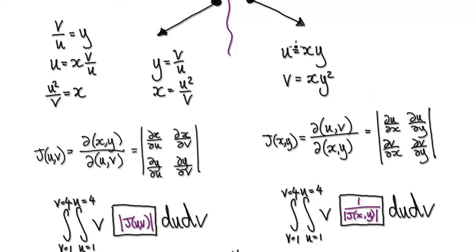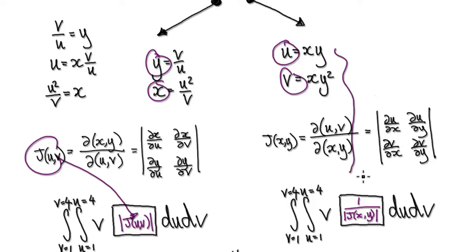But if you work all in terms of u and v, what you put into your adjustments here would be 1 over the Jacobian. So there's a difference. If you work in terms of x and y, simply put your Jacobian into here. If you work in terms of u and v, you've got to put 1 over your Jacobian.